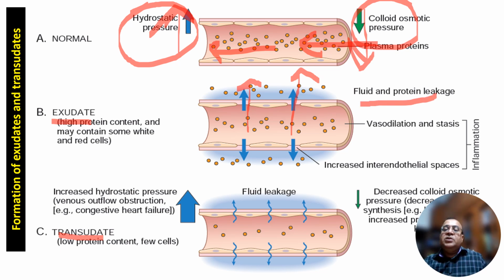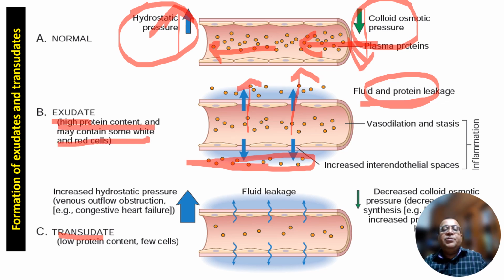So due to leakage of the protein, the plasma oncotic pressure is decreased, and along with protein, the water also accompanies these. So there is accumulation of the proteins, high protein content in the interstitial tissue.